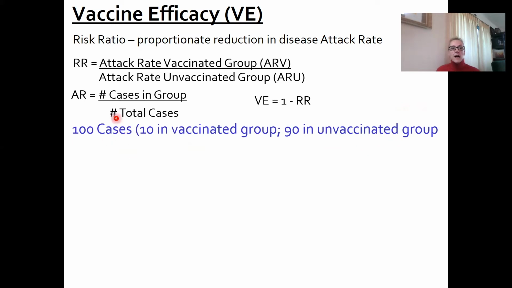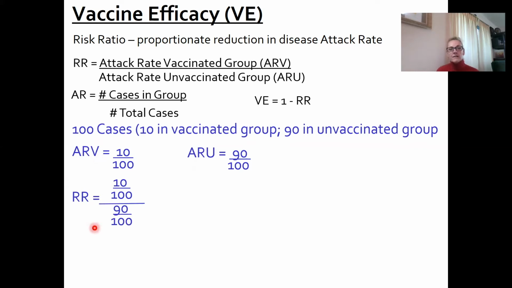And so let's say there were 100 cases that came up, and only 10 of them were in the vaccinated group. So the ARV would be 10 over 100, and the ARU is 90 over 100. And so if we want to calculate the risk ratio, we have the ARV as 10 over 100 divided by the ARU, which is 90 over 100.